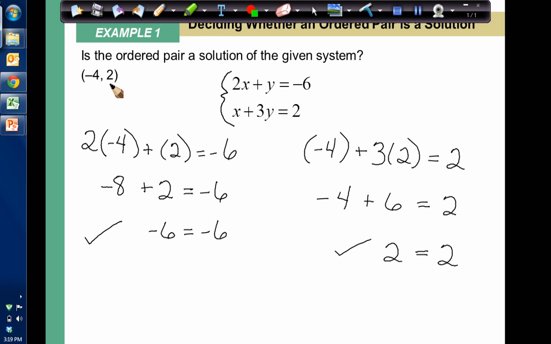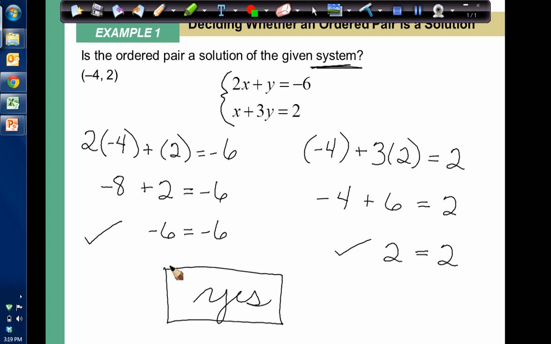So this ordered pair is a solution to both equations, and when that happens, we say that this ordered pair is a solution to the entire system. Yes, it sure is. If -4, 2 was a solution to the first equation and not the second, then no, it would not be. It has to be a solution to both to be a solution for the system.